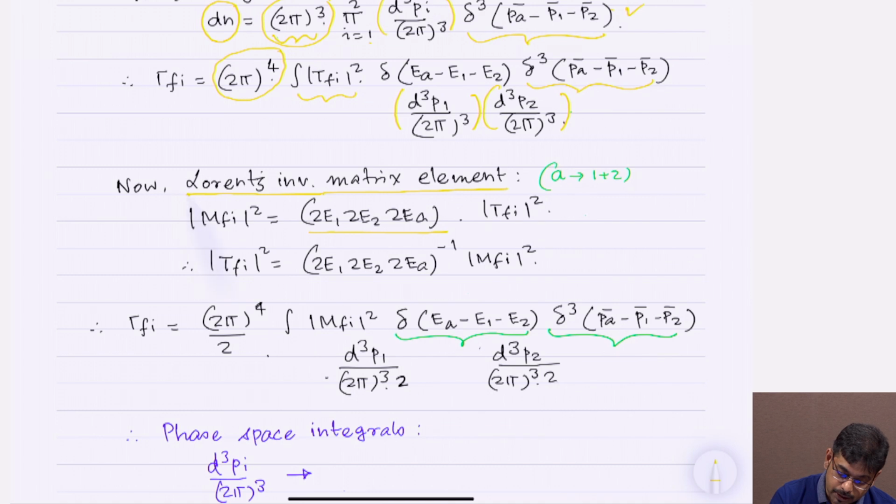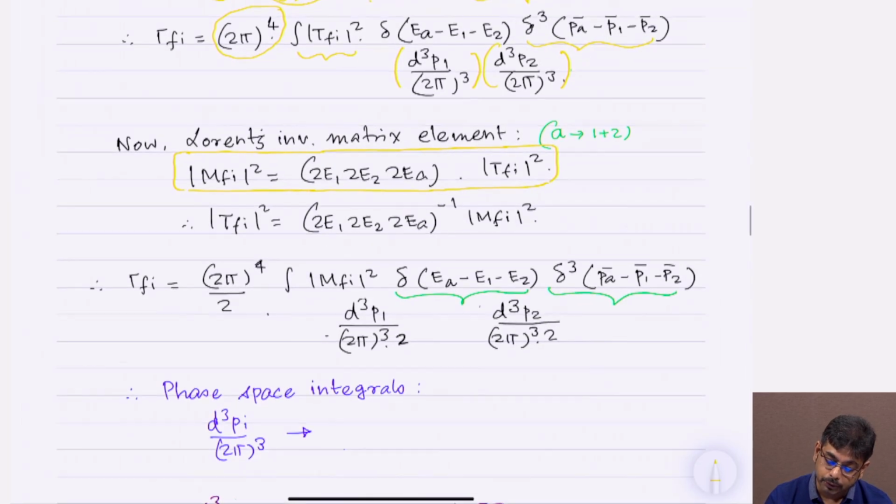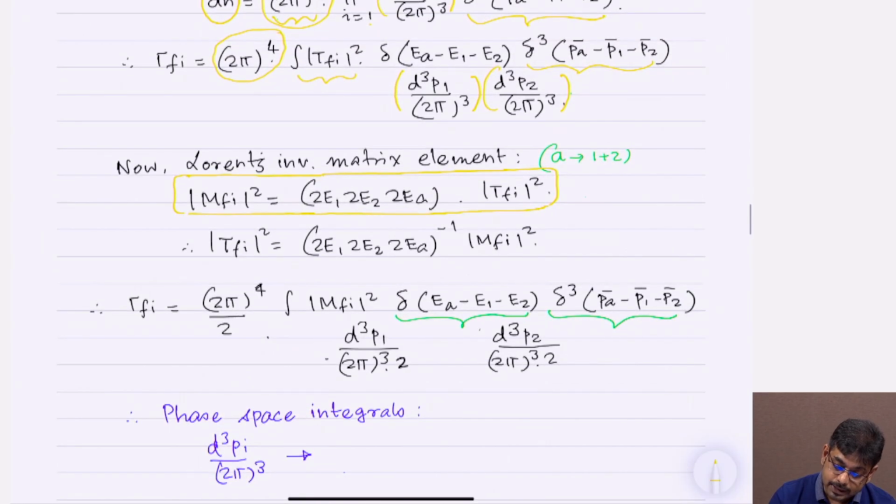So, for this particular process A going to 1 plus 2, the M_fi squared will be related to T_fi squared by 2E1, 2E2 into 2EA. Or in other words, T_fi squared should be equal to (2E1 2E2 2EA) to the power minus 1 into M_fi squared.